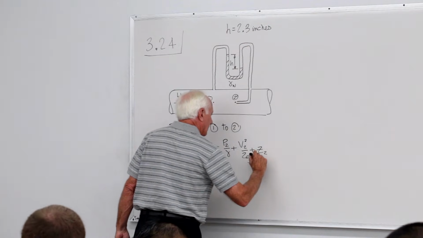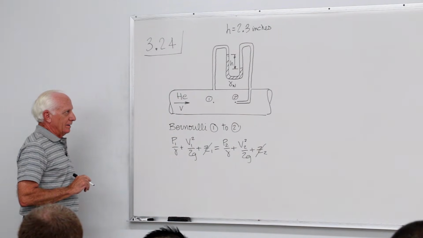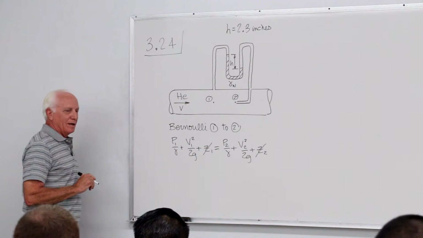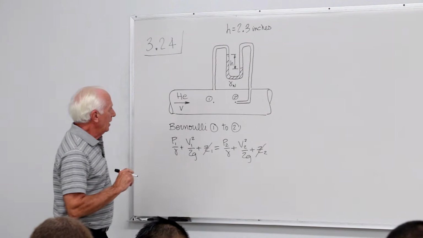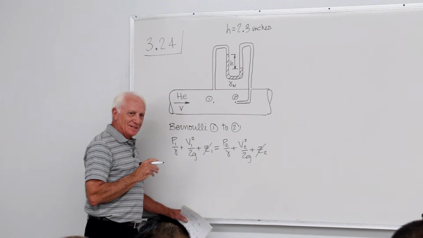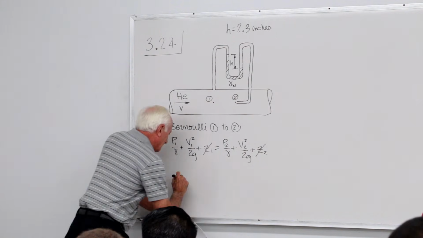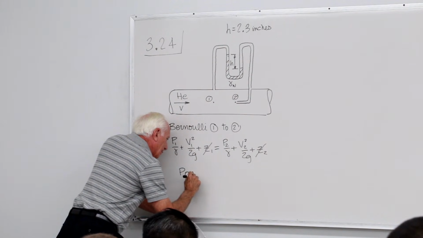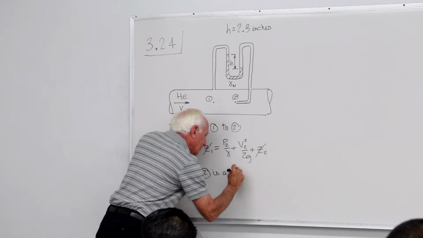Okay, here, here, gone. Now comes the little bit tougher part. At point 2, the velocity is 0. Point 2 is called a stagnation point. Point 2 is a stagnation point.